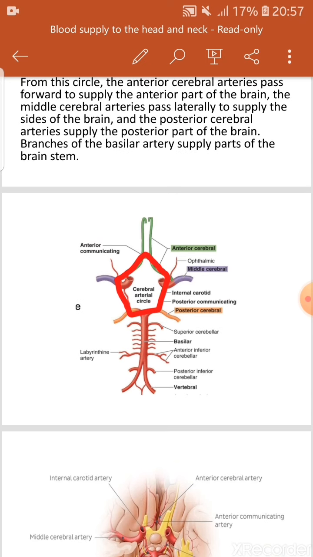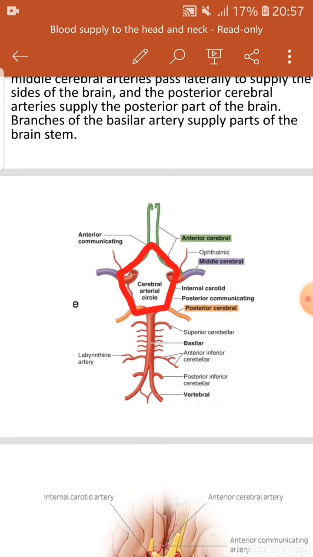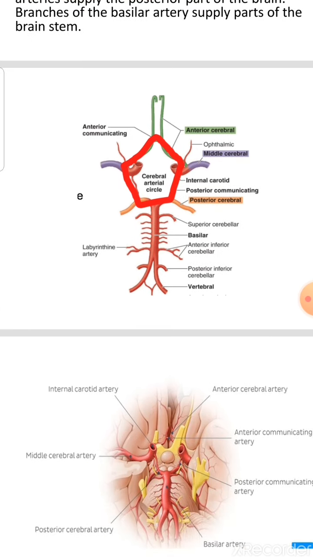You can see in this image the branches of the vertebral arteries, the posterior inferior cerebellar artery. The posterior inferior cerebellar artery is a branch of the vertebral artery, not the anterior inferior cerebellar, which is a branch of the basilar artery. The anterior and posterior spinal arteries are not mentioned here.